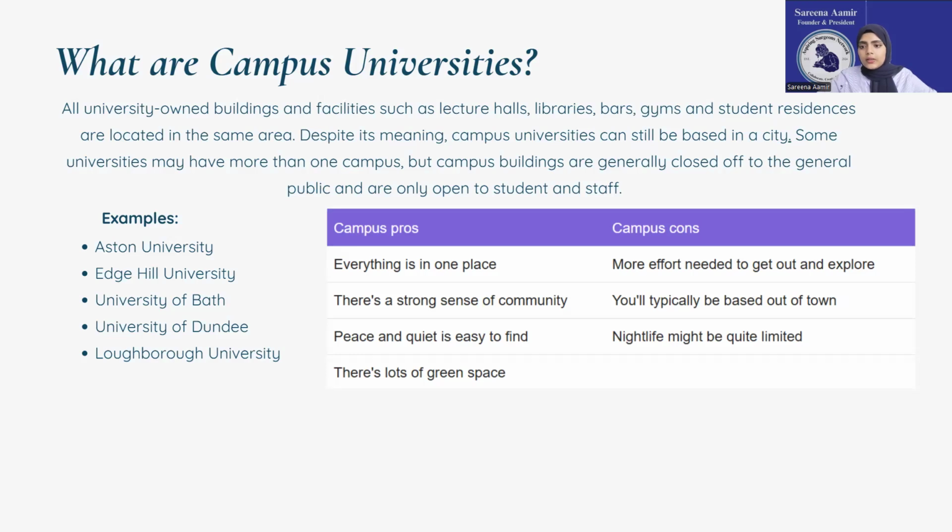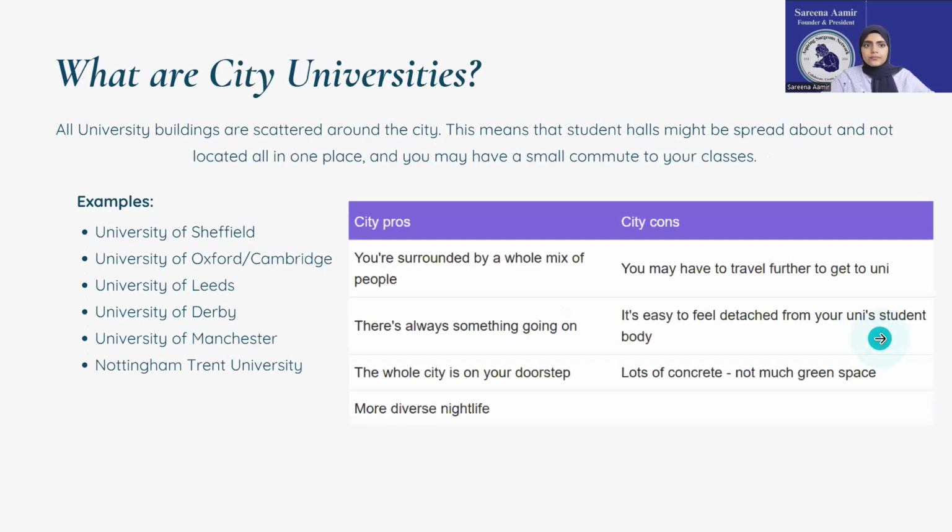You'll also typically be based out of the town, which could be quite hard, especially if you're trying to look for internships or employment or any other opportunities. So in a campus university, you would be quite isolated in a way. And nightlife might also be quite limited because you only have a couple of bars or a couple of clubs that you could go to.